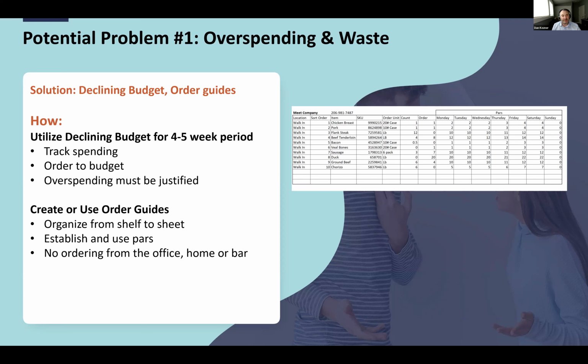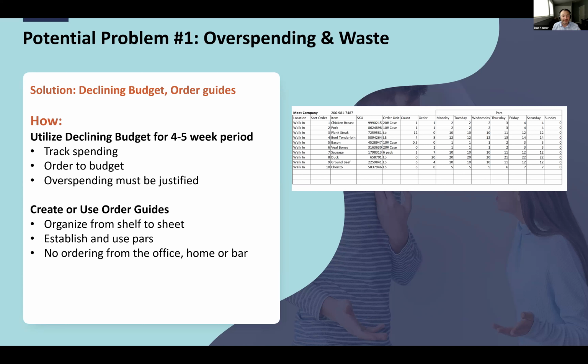What's helpful with this sort order is, let's say we move one item in the walk-in to somewhere else, and we need to reorder our order guides. You can just type in the order in which they show up in your walk-in, and then resort by those numbers, and it puts everything back into shelf-to-sheet sequence.